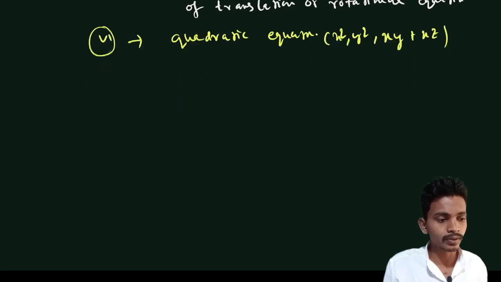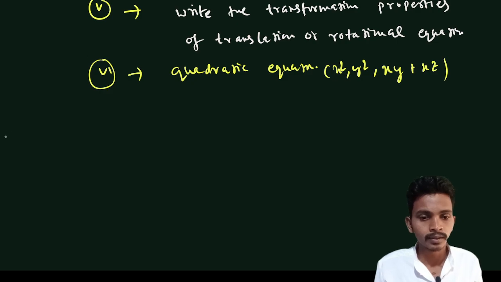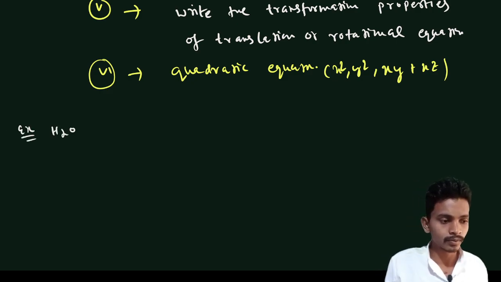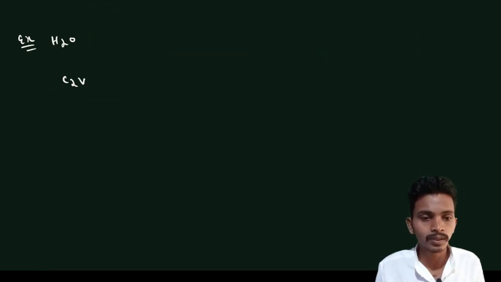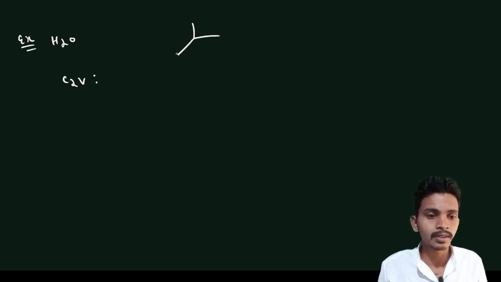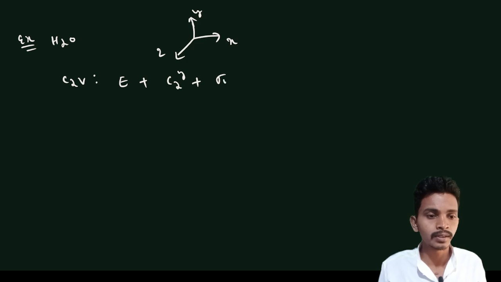So let's take the example of water. For this water molecule, what point group does it have? The point group is C2v, and the symmetry elements, let's say this is X, this is Y, this is Z, we already discussed: E, C2, sigma xz, and sigma yz.